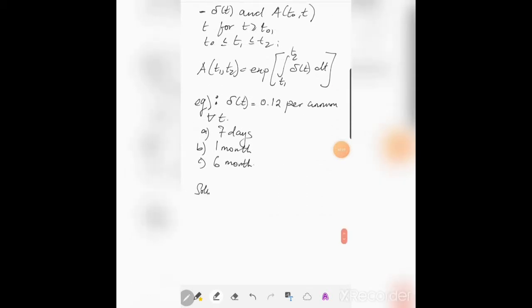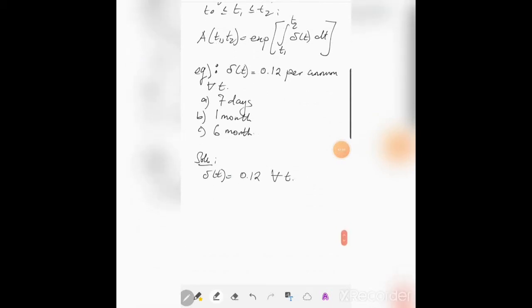So how do we do this? We note that the nature of time scale here is what? We are using year. And we have delta t is nothing but 0.12 for all t. And here the question is talking about the nominal rate of interest.